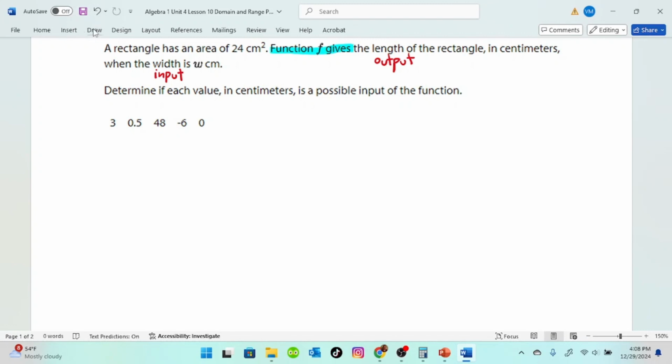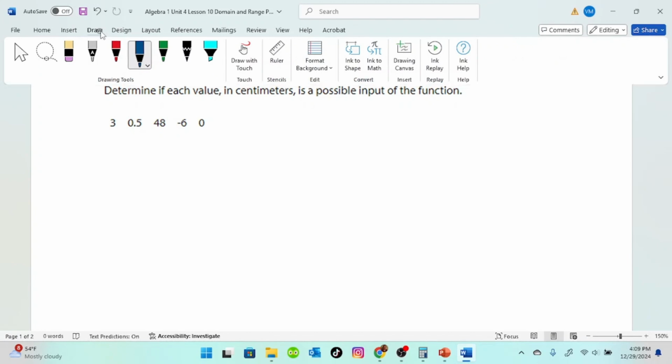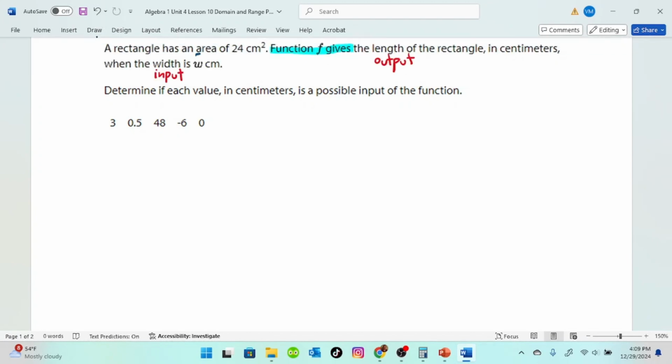Also, we need to understand that when you see area of a rectangle, the area equals the length times the width.